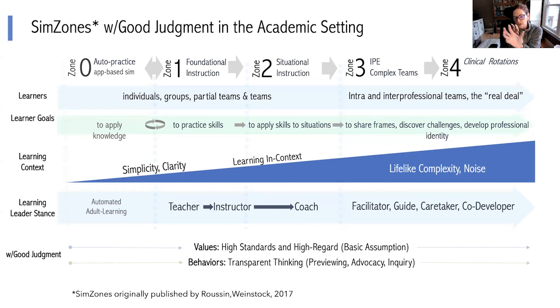So it was zone 2 for them, because they weren't left to have what in the past hasn't always been a productive struggle. And in the debriefing, what we heard from them was, when I left class, I wasn't really sure how to interpret the rhythms or what they meant. And then we got more teaching, and then we got to see it with a person in the bed in active labor.